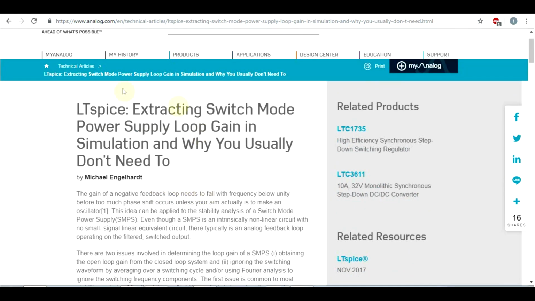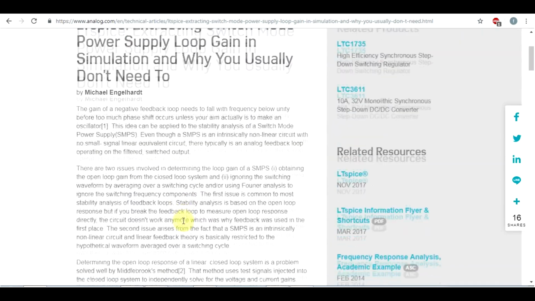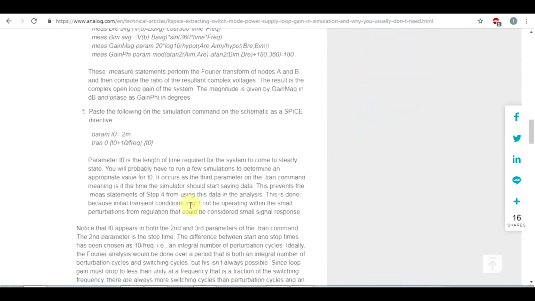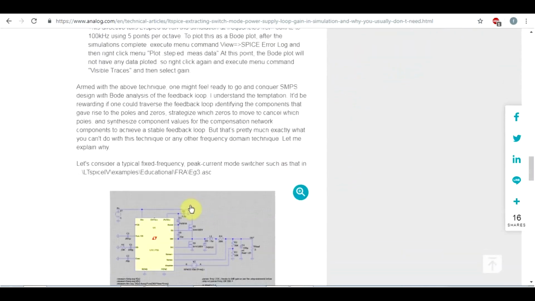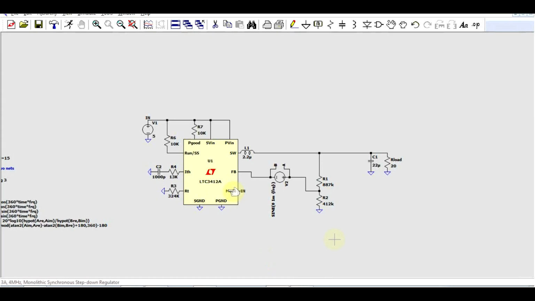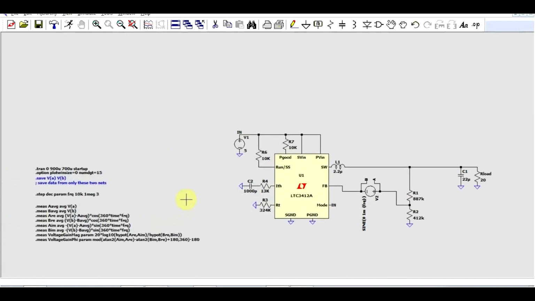I actually found it online on Analog's webpage, in which they explain how to extract the loop gain from a switching power supply. And this article isn't written by just anybody, it's actually written by Michael Engelhardt, the creator of LTspice. Now it's a great article, I highly recommend that you go through it, it contains a lot of great information, and let's just run it to see exactly what it does.